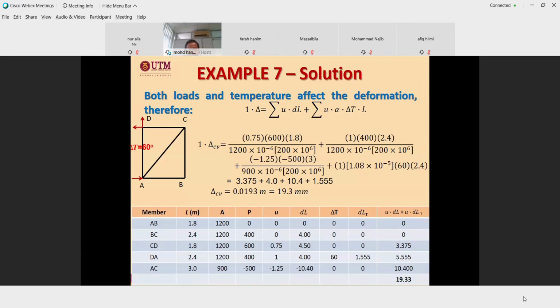Any questions so far? I don't know whether through online it is easy to understand or not. But I hope you at least basically have got the further explanation to what you have read through the lecture note given to you.